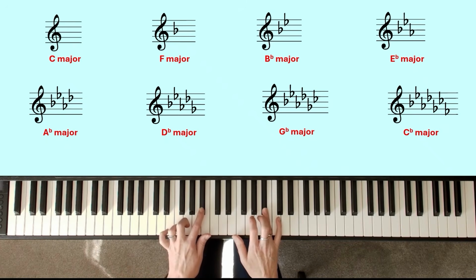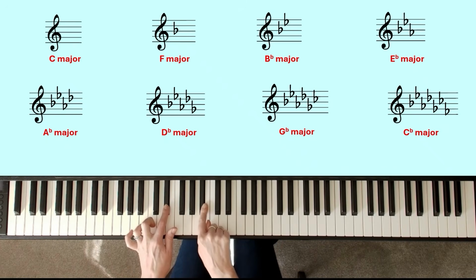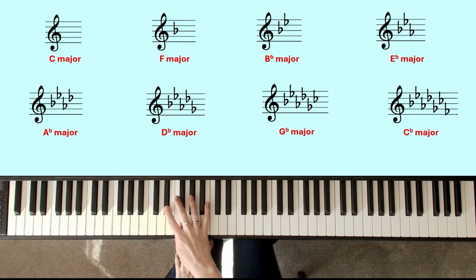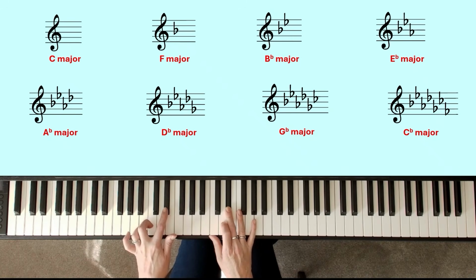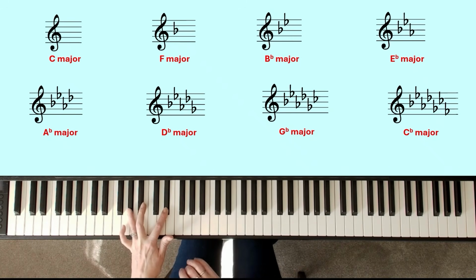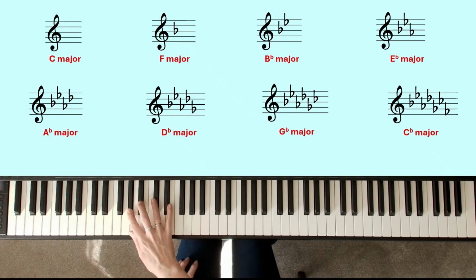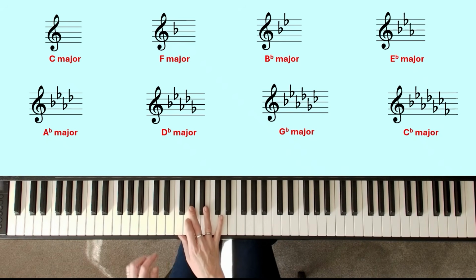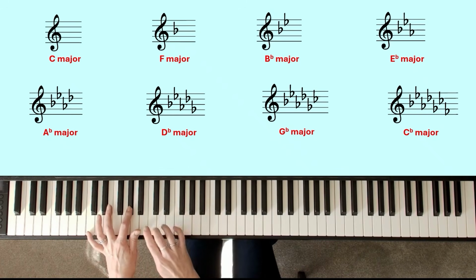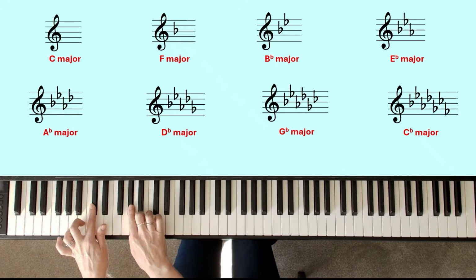The scale of E flat major starting a perfect fifth lower than B flat major. The scale of A flat major starting a perfect fifth lower than E flat major. The scale of D flat major starting a perfect fifth lower than A flat major.